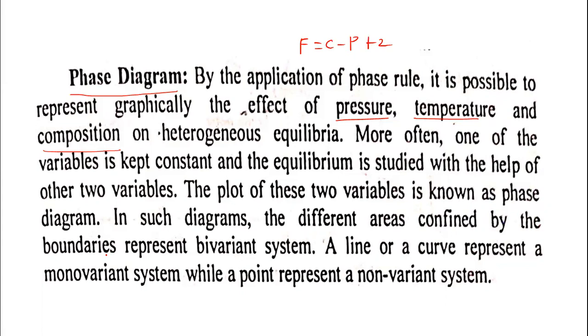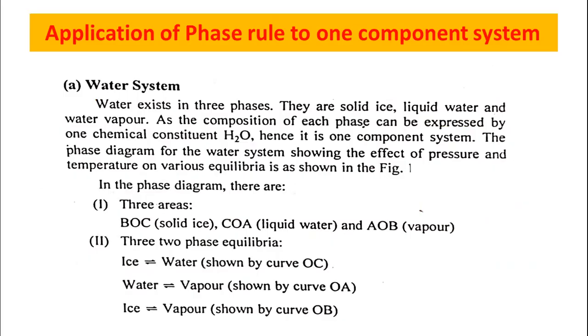So by taking the example of the water system, we are going to draw the phase diagram. The phase diagram is a plot of two variables. We have to keep the third variable constant, and we apply the two variables onto the system.